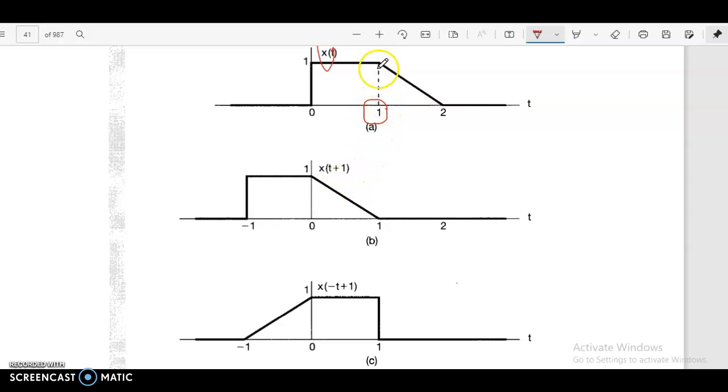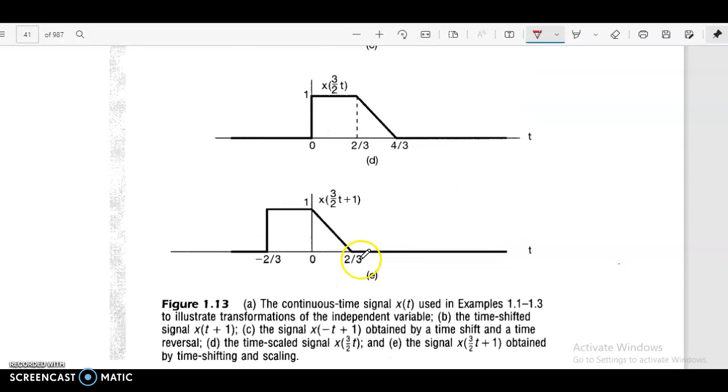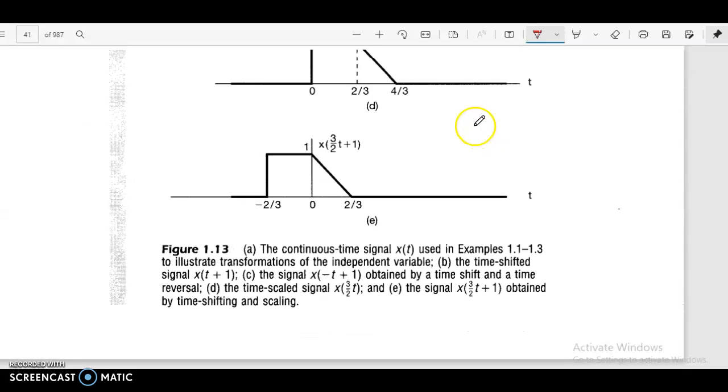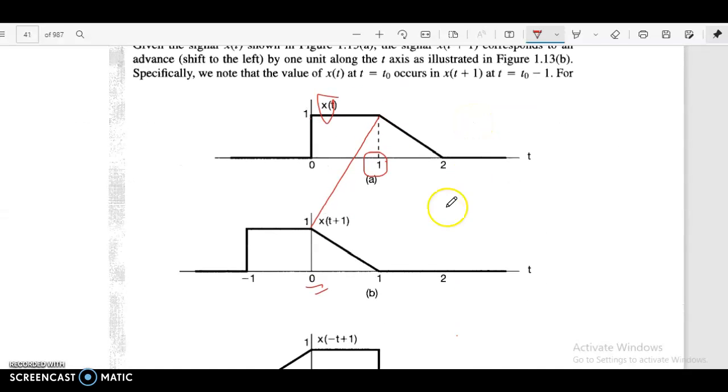Here, t equal to t0 is found in x of t plus 1 at t equal to 1 minus 1 equal to 0. That is 1, this one added, then 0.